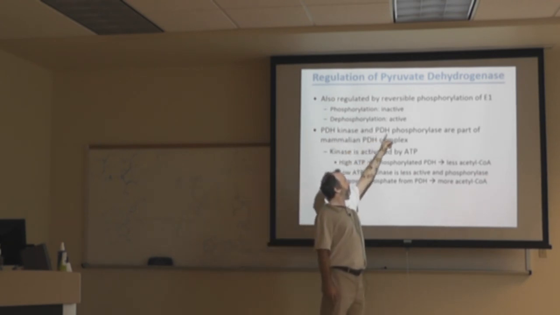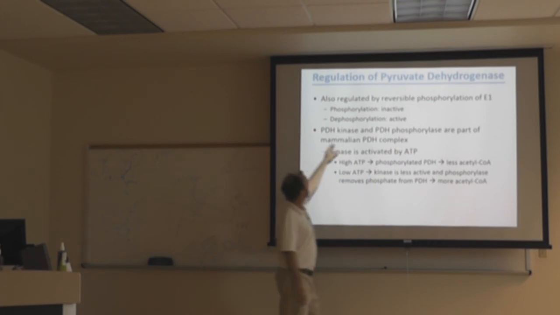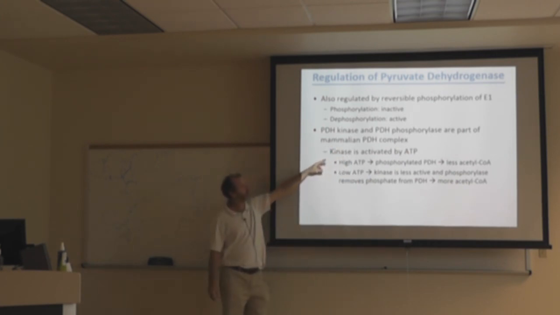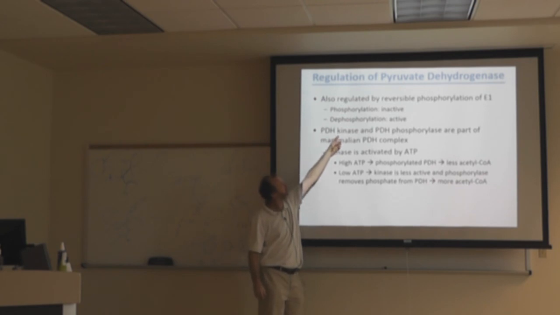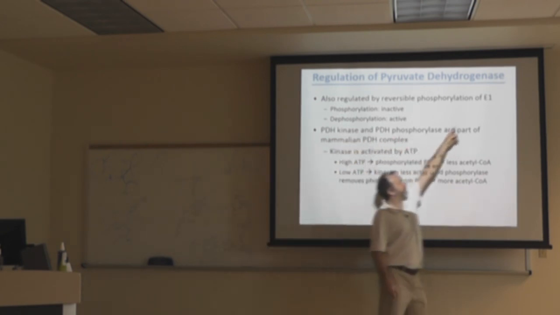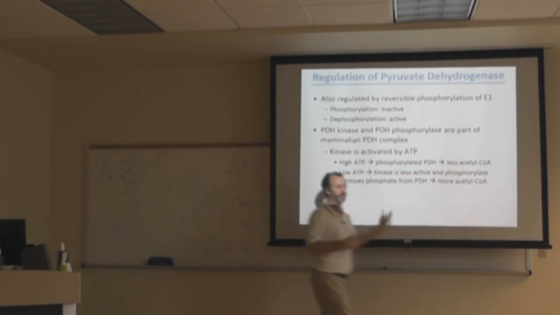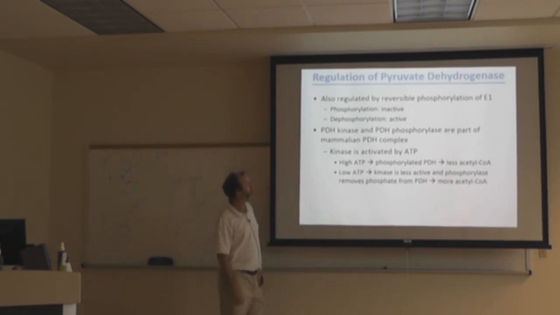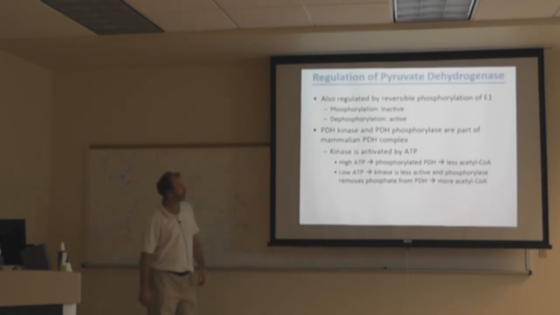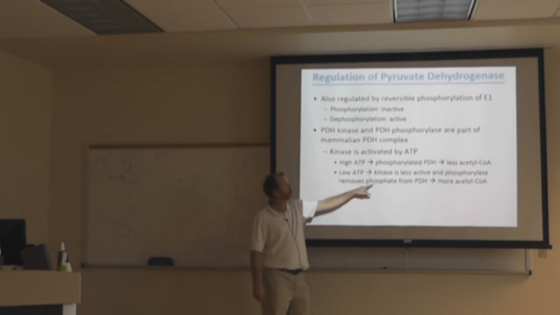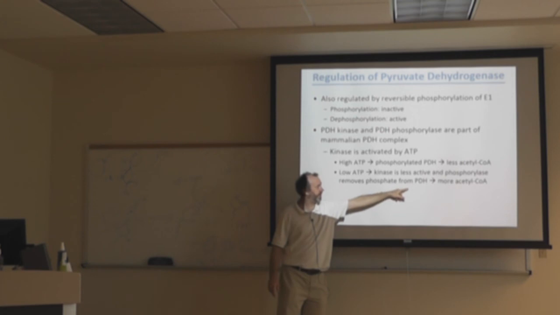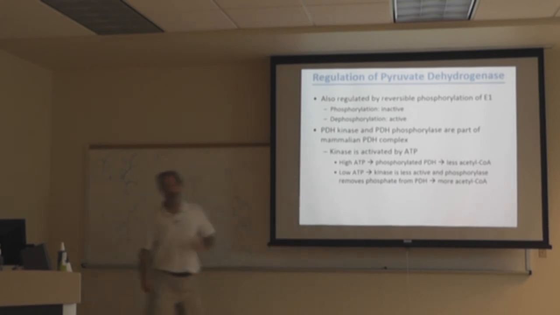The kinase and pyruvate dehydrogenase phosphatase are part of the mammalian pyruvate dehydrogenase complex. The kinase is activated by ATP. So if you have high ATP concentration, it'll activate this kinase activity, phosphorylating enzyme 1, inhibiting enzyme 1, so making it inactive. Low ATP, the kinase is less active, and the phosphatase removes the phosphate from the PDH, and you get more acetyl-CoA generated.